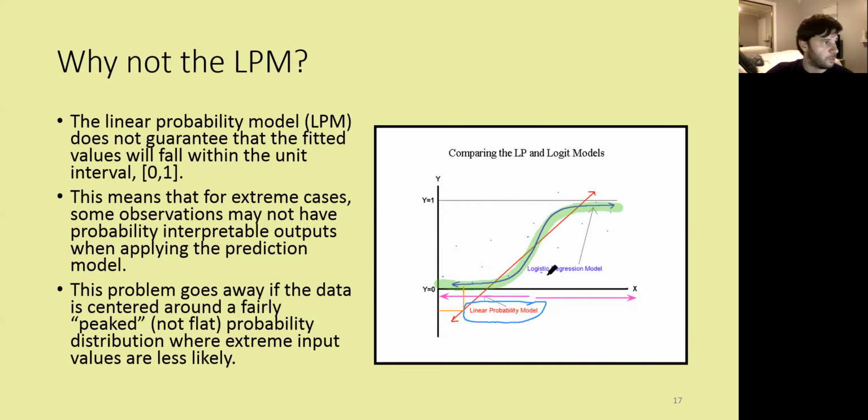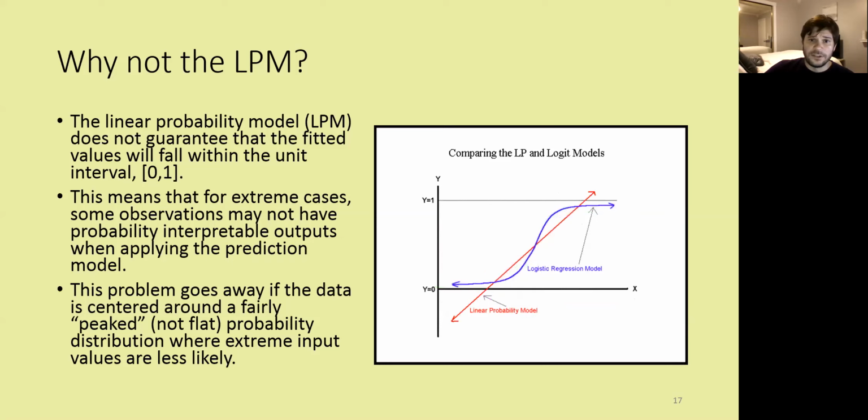So as long as we plug in an X value somewhere near the mean of the X values, then we will be on that probability line there in red, but only between 0 and 1. We won't go into negative predicted value territory or predicted value territory that has a probability greater than 1, which is impossible.